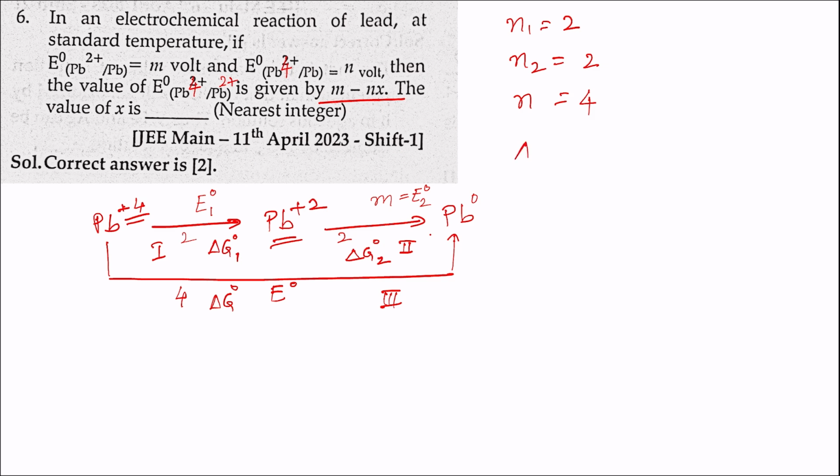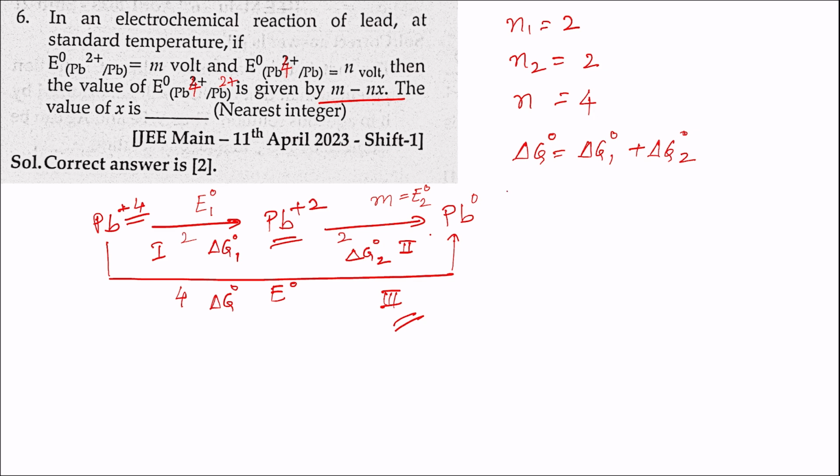Now writing the expression, delta G naught is equal to delta G naught 1 plus delta G naught 2. The delta G naught value for lead from plus 4 oxidation state changing to lead, that is for step 3, will be the sum of the delta G values of step 1 and 2.